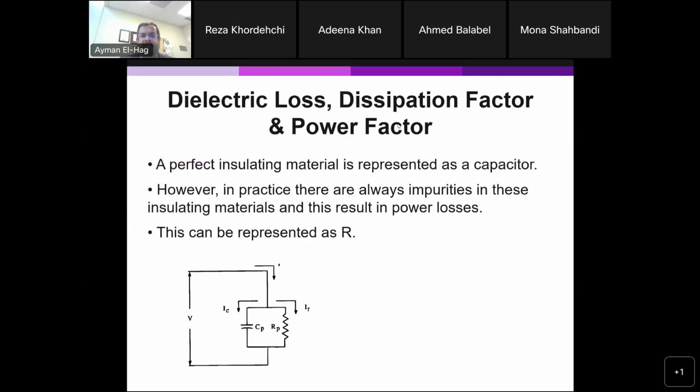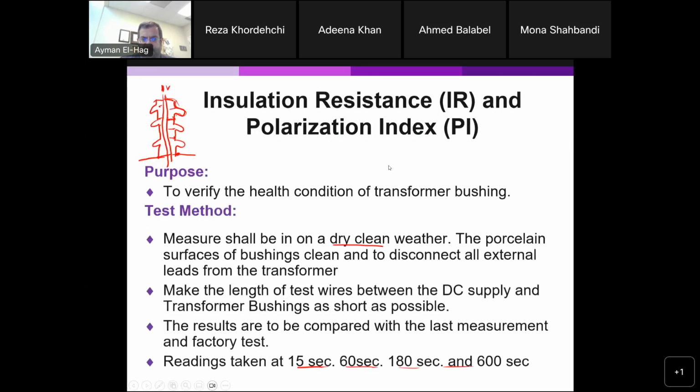I have a question. Yes, go ahead, please. Can you go back to the previous slide? So the readings that would be taken at the 15 seconds, 60 seconds, would those still be considered conductive current, or would that be past the capacitive absorption? Okay, very good. Now it depends. These times depend on the size of the bushing.